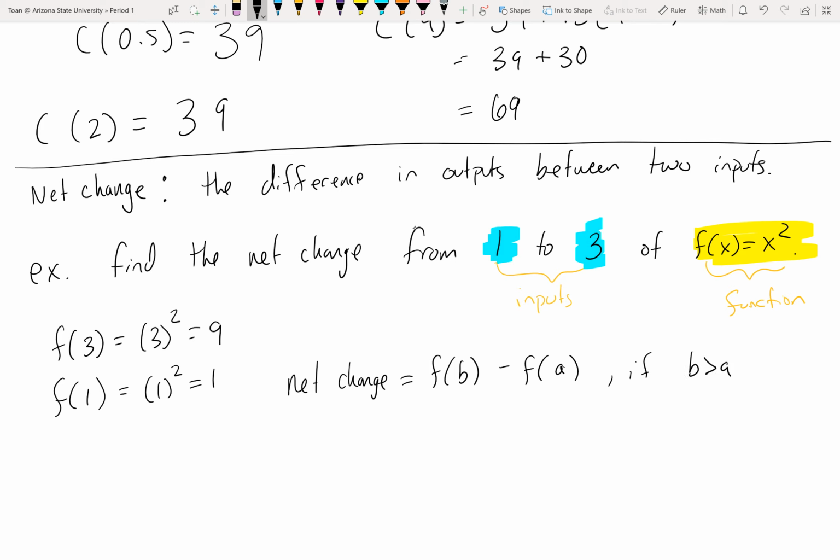So in this example, 3 is bigger than 1. So we're going to do f of 3 minus f of 1. So I would say that the net change is 8.